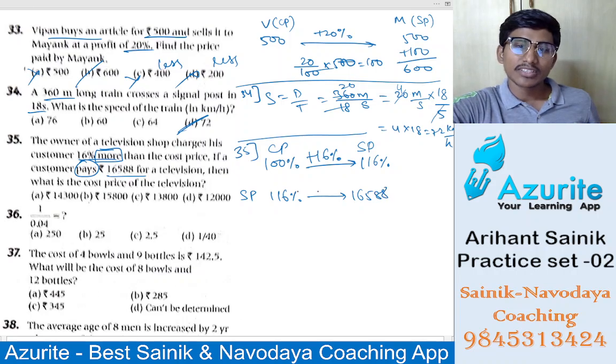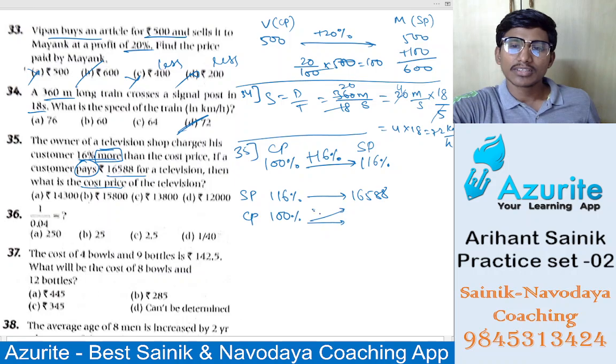16588. They are asking for the cost price. Cost price we have to take as 100%. So 100% will be how much? Cross multiply, you will get the answer. So here 16588 divided by 116 into 100.